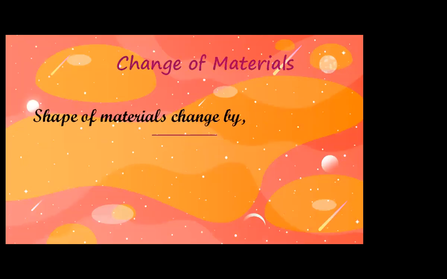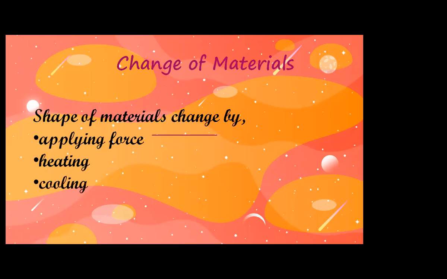Shape of materials change by different ways. What are those ways? We are going to list them here. Number one, by applying force. Number two, by heating. And number three, by cooling. So here we are going to discuss what is a force or how do we apply force on the materials to change their shape.